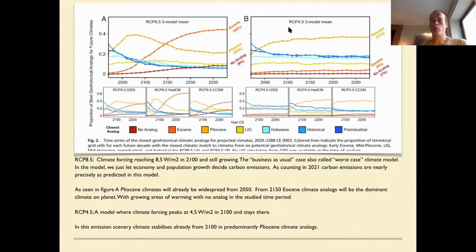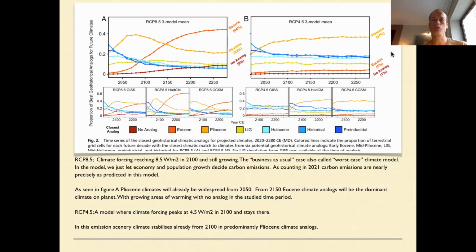Then in B, we are looking at RCP 4.5, where we succeed in limiting our emissions. From 2050, Pliocene climate analogs get dominating on Earth, and then it stabilizes from 2100 and on, with Pliocene climate types dominating on Earth, and we never really get into other climate types.